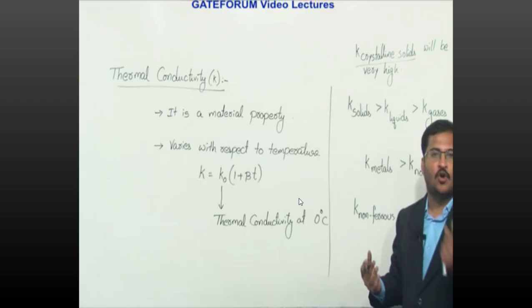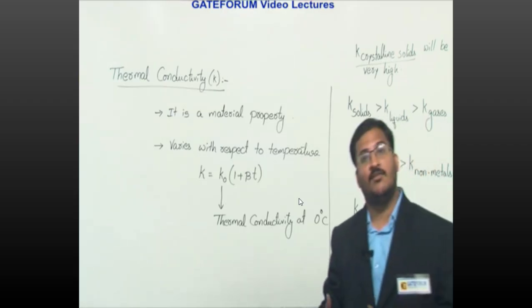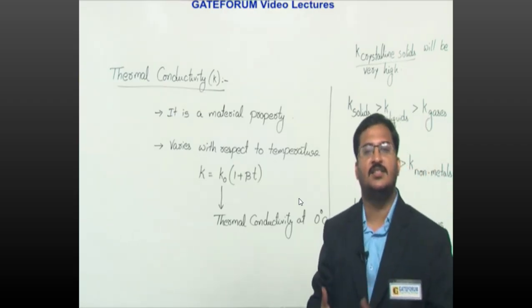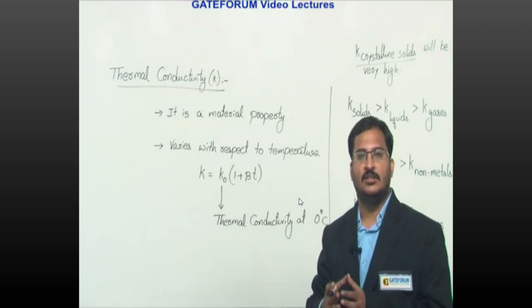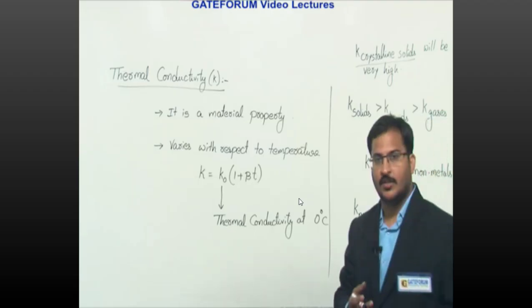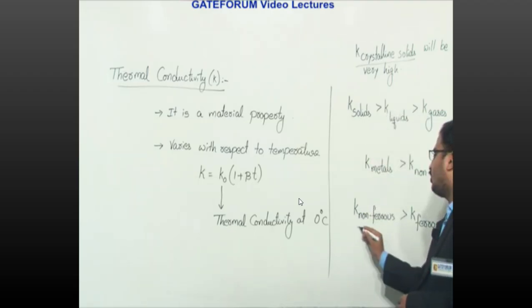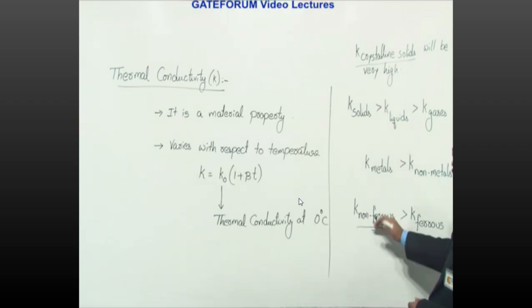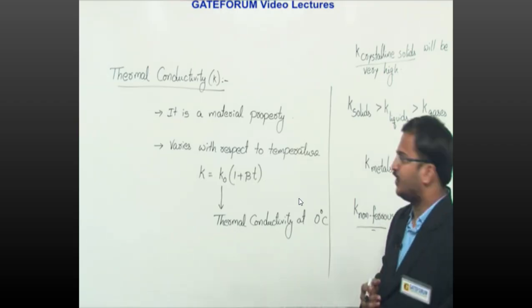Non-ferrous materials like copper and silver have very high thermal conductivities as they are considered noble materials which are non-corrosive. So their thermal conductivity is very high when compared to ferrous materials like iron and steel.